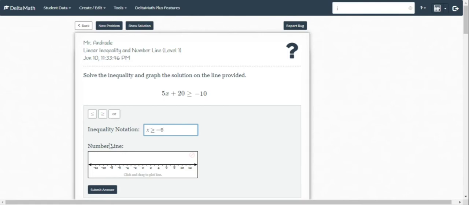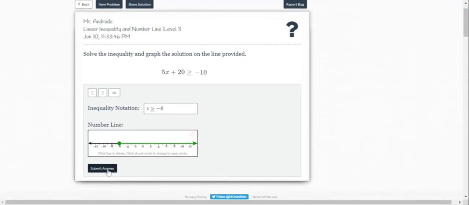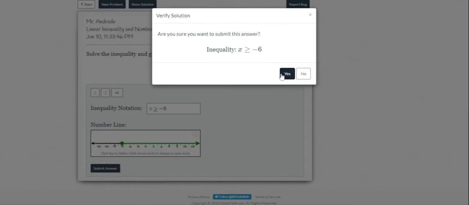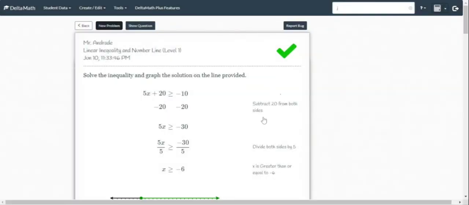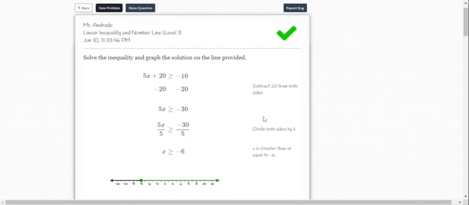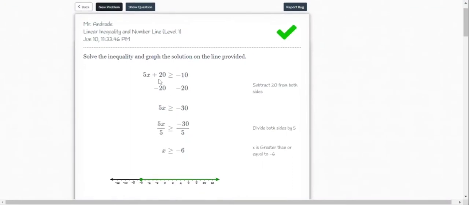So we go to negative 6 on the number line, click and drag all the way to the arrow. And we're going to submit the answer. And there we have it. So they did the same step I did. Subtract 20 first to get 5x by itself, and then divide by 5 to get x by itself.